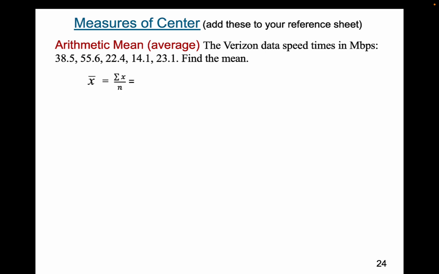It looks like this. X bar, that's our stat symbol for mean, is equivalent to sigma, that is our symbol for the summation. So add them all up, all the x's, these are all of our data values, and then we'll divide by lowercase n, our sample size. We have 1, 2, 3, 4, 5.